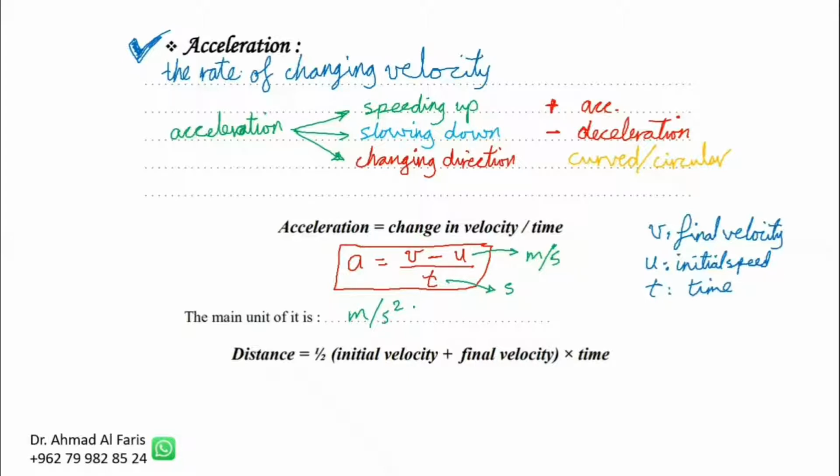Another 2 meters per second بصير 4. Another 2 بصير 6 after 3 seconds. بعدين after 4 seconds بصير 8. 5 seconds بتصير 10. Every second the speed increased by 2 meters per second. عشان هيك بيطلع اليونت للاكسلريشن meters per second square.